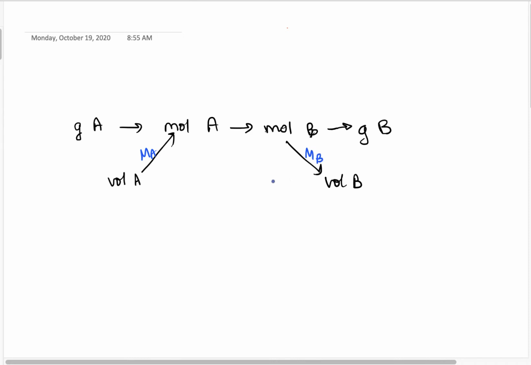And now that we have an additional tool, the ideal gas law, that can get us to moles, we have a new way to connect with our flow here, which is through the ideal gas law.